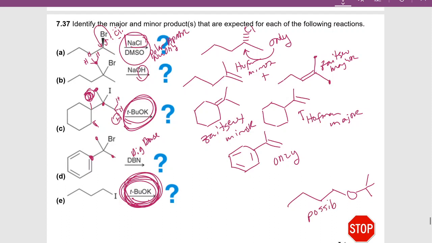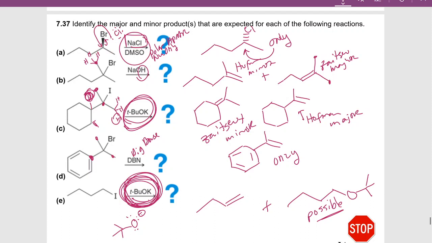Some books may tell you that you can't get that as a product just because t-butoxide, remember t-butoxide looks like this, is too bulky to be a nucleophile, so this one's kind of iffy. I probably wouldn't give my students this problem. If you consider t-butoxide to be a nucleophile, then your major product would be this one on the right, because it's primary and SN2 predominates with a primary substrate, strong base, strong nucleophile.